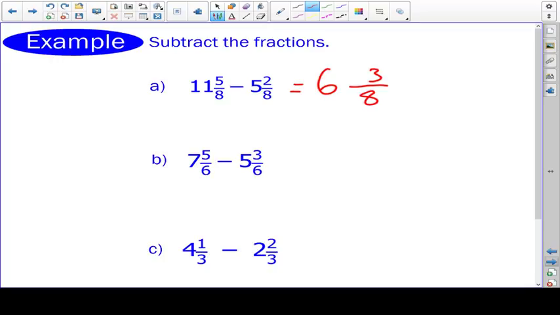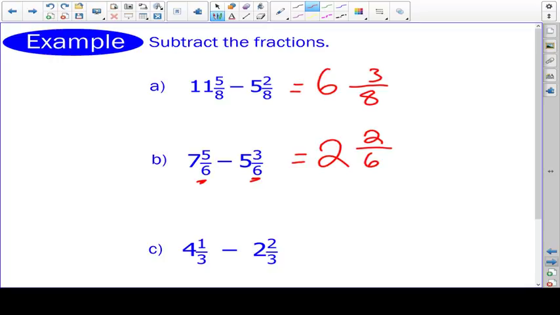Next one. If I have 5 6s, can I take away 3 6s? You bet. And I'm left with 2 6s when I do that. Now, for the big number, 7 minus 5, I get 2. So 2 2/6. Now, again, if I'm going to put my fraction into simplest terms, I'm looking for a number that goes into both the top number and the bottom number.